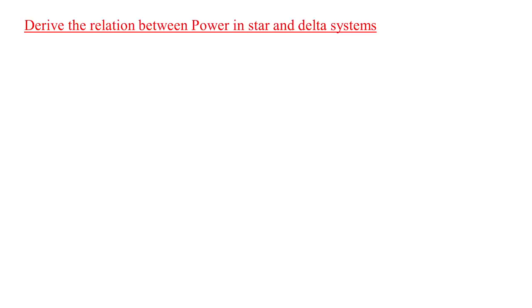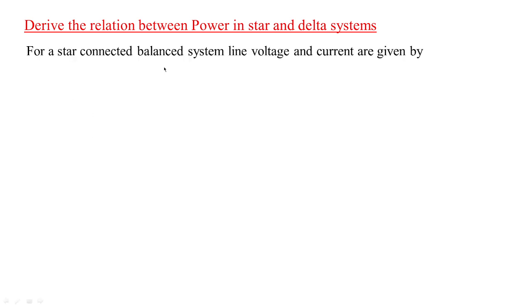First, let us derive the relation between power in star and delta systems, especially for the balanced system. So, for a balanced star network, the line voltage and line current are given by VL and IL, and V phase is given by VL by root 3, whereas I phase is given by IL.